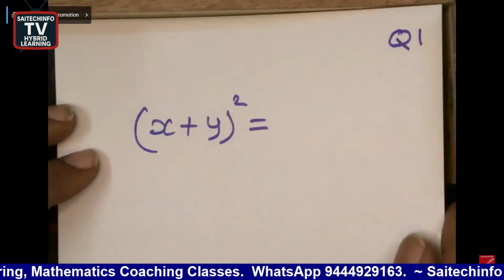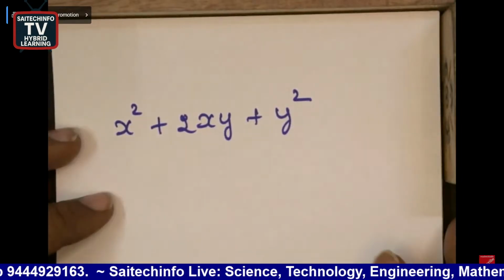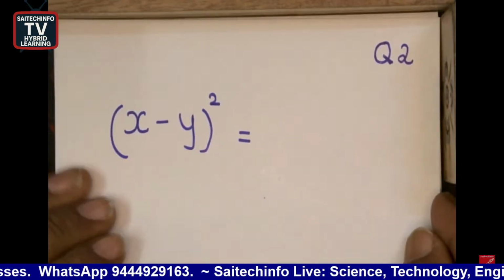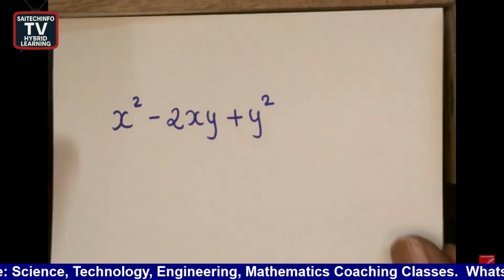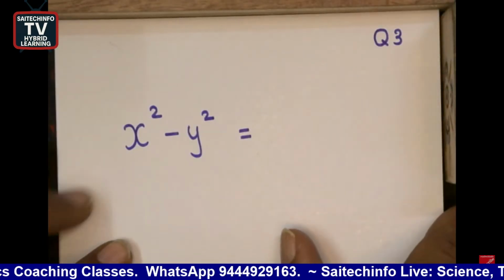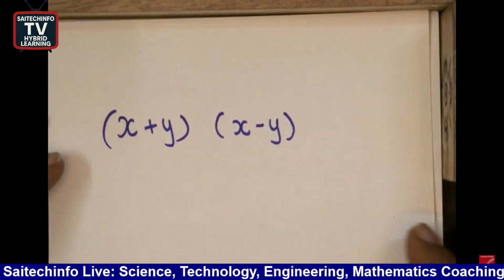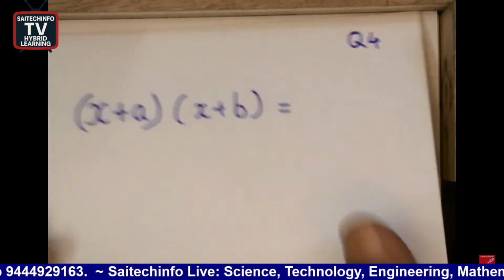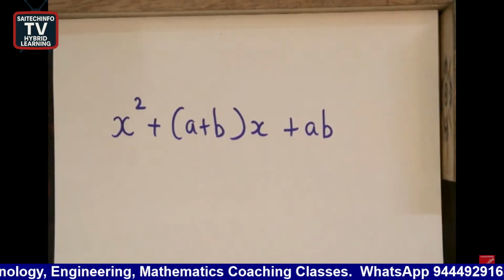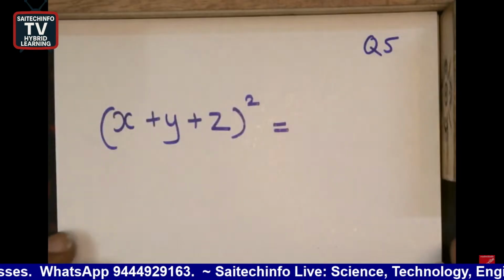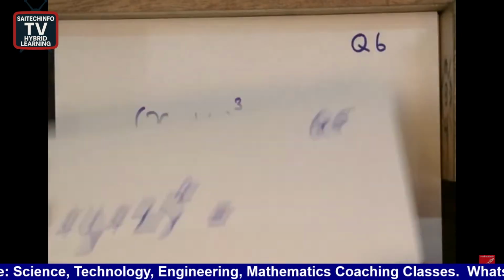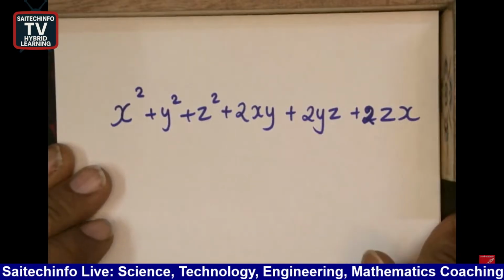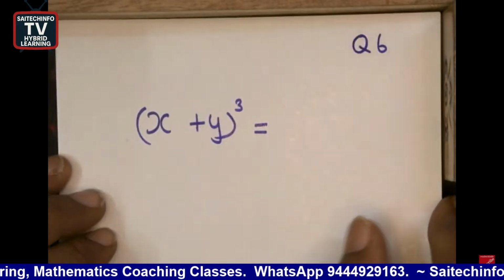X plus y whole square. X minus y whole square. X squared minus y squared. X plus a into x plus b. X plus y plus z whole squared. X plus y whole cube.